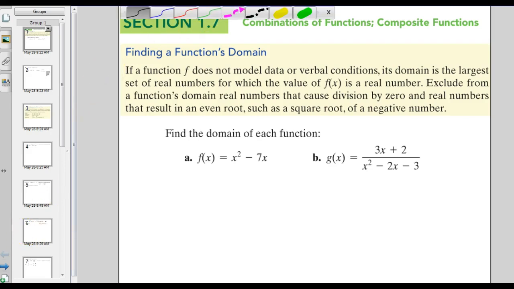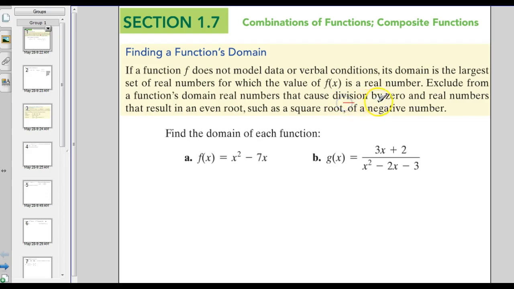Alright, so the first thing we're going to do here is find a function's domain. And remember, a domain is a set of the inputs, the x values, that produce a real number when we plug it into the function. So we exclude numbers in the domain that would cause division by 0.